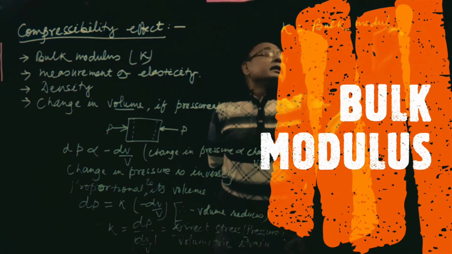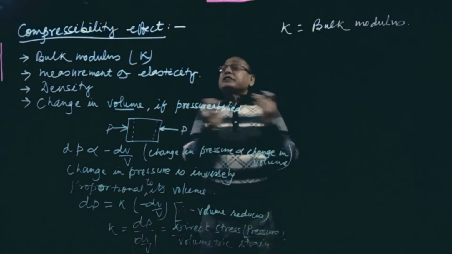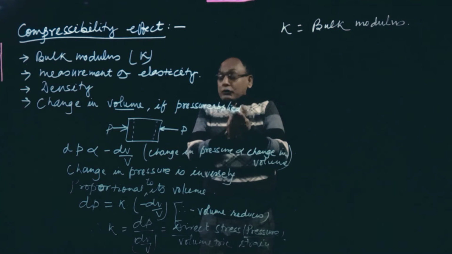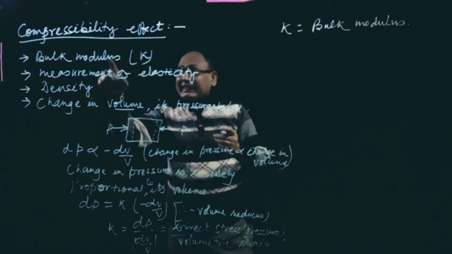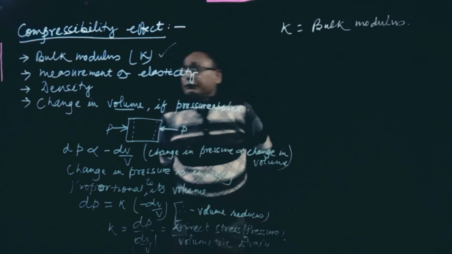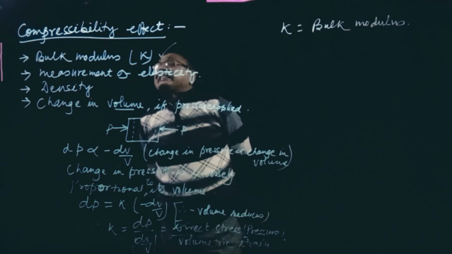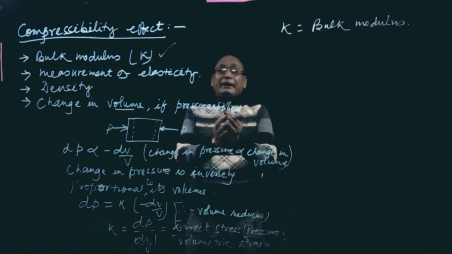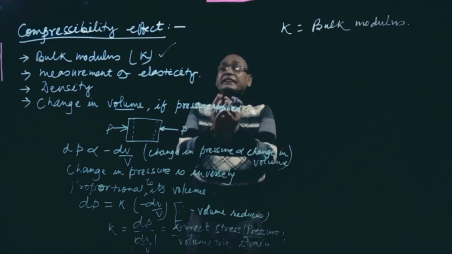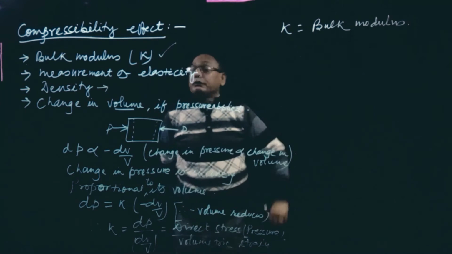So though the topic compressibility is related with the volume, it is associated with the bulk modulus that I have given. It is the measurement of elasticity. Elasticity means compressibility, decreasing the volume, and it is also dependent upon the density, which I am going to discuss now.